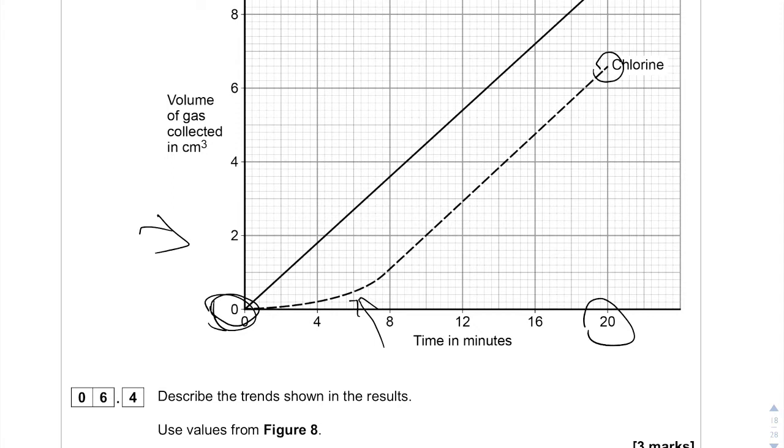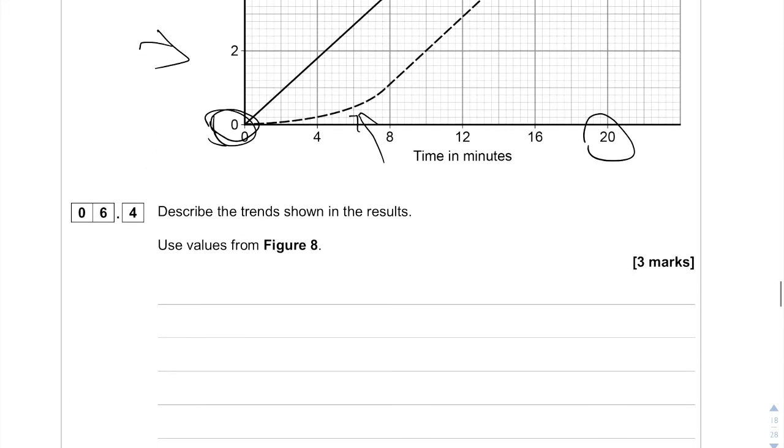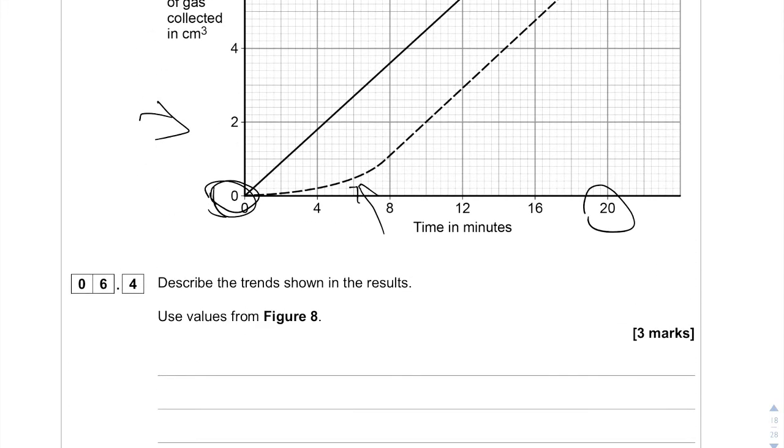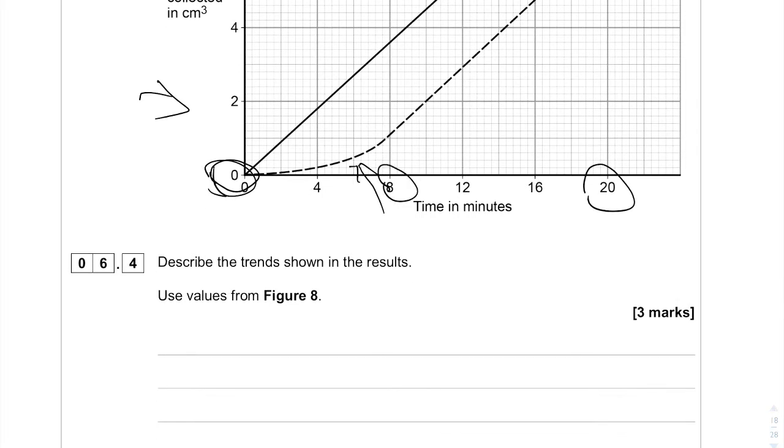So basically what you want to say in terms of the trend is hydrogen evolved is linear, whereas for the chlorine you have a build-up period before it gets linear. So between 0 minutes and 8 minutes, the chlorine gas is slow to go, but after 8 minutes it gets linear in terms of the rate.